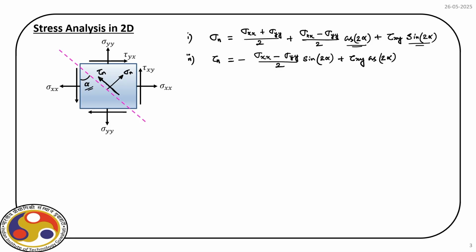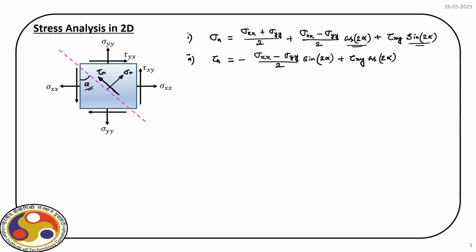Then naturally a question comes to our mind that probably we can combine these two equations and develop an equation in terms of sigma n and tau n, and that will give us the variation of sigma n and tau n in terms of normal stresses sigma xx, sigma yy, and shear stress tau xy. That we will do. But before that, let us quickly address one question and then we will take up how we can combine these two equations.